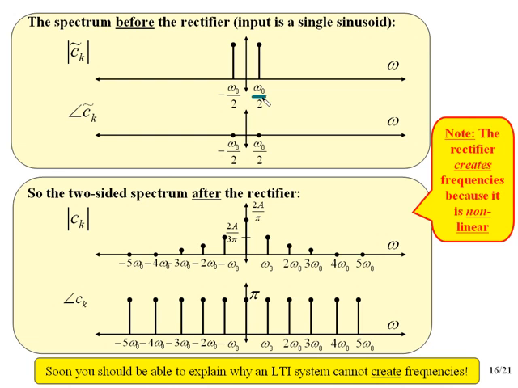Remember, omega 0 is relative to the period of the rectified sine wave. The period of the rectified sine wave was half the period of the original sine wave. That means the frequency of the original sine wave is half the fundamental frequency of the rectified signal.